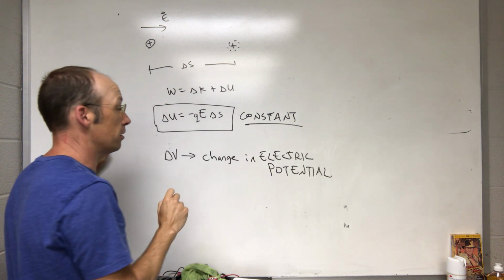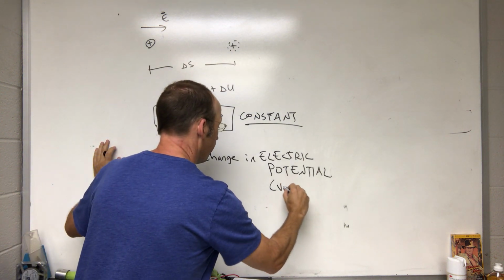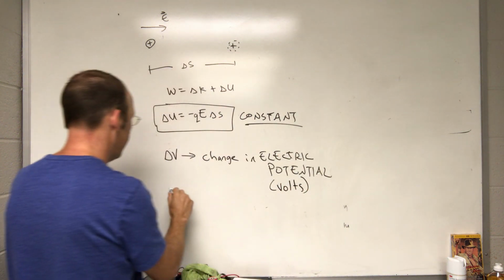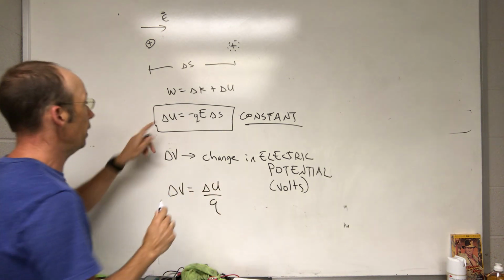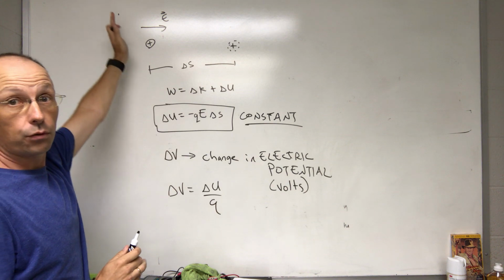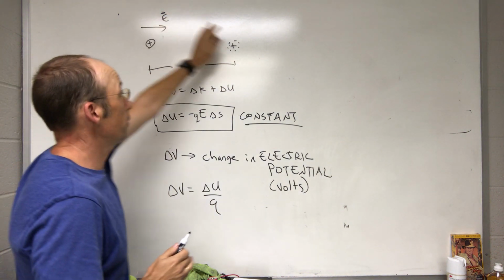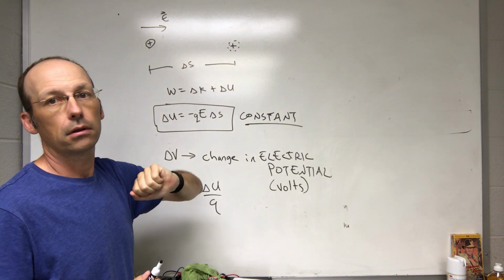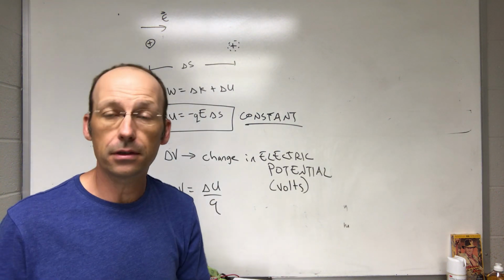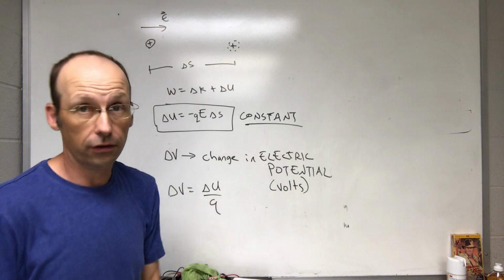We just call this the change in potential, in units of volts. And delta V equals delta U divided by q. So if I remove that charge, and I just want to look at the space here, what's the change in energy per unit charge? That's the voltage. Well, we call it voltage because units are volts, but it's really the change in electric potential.